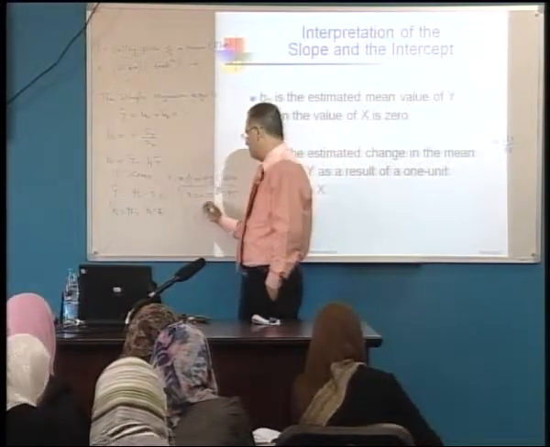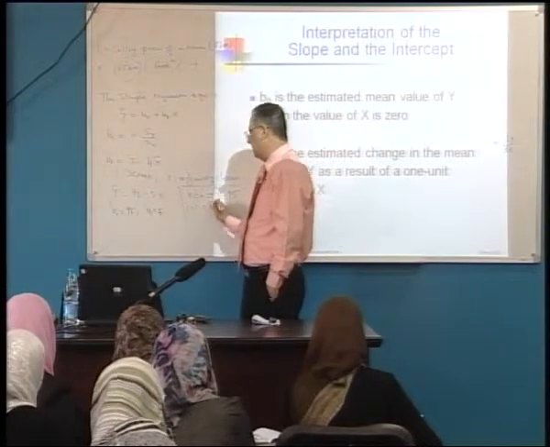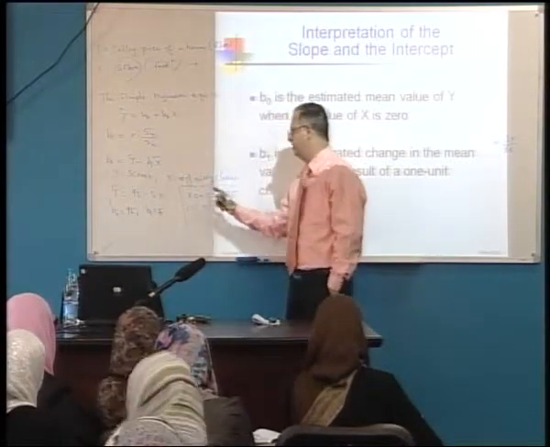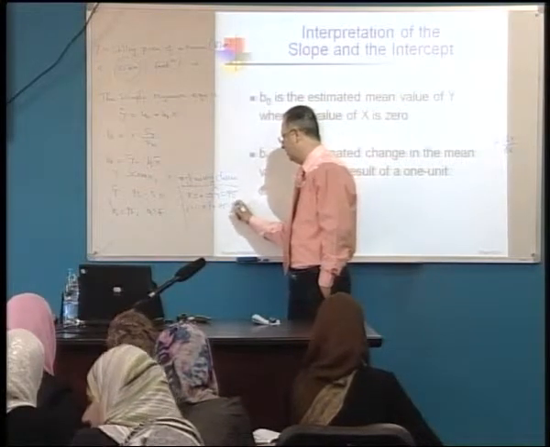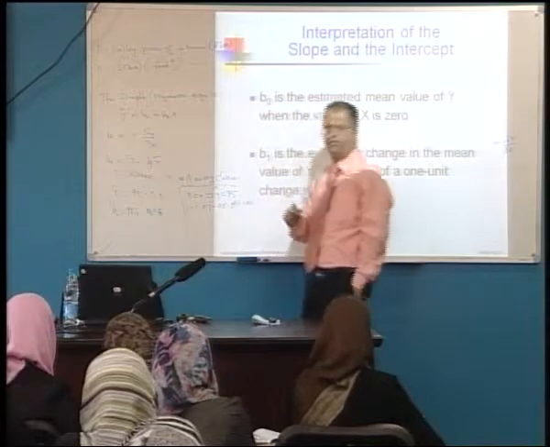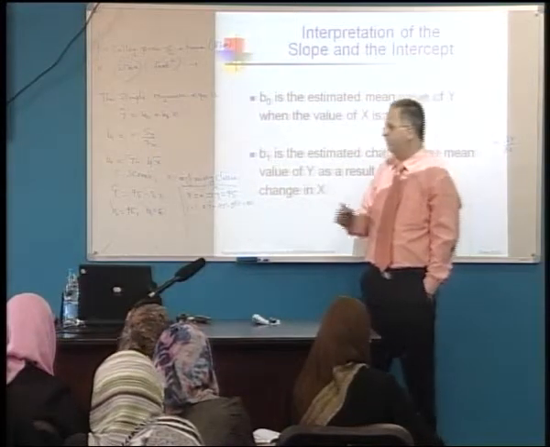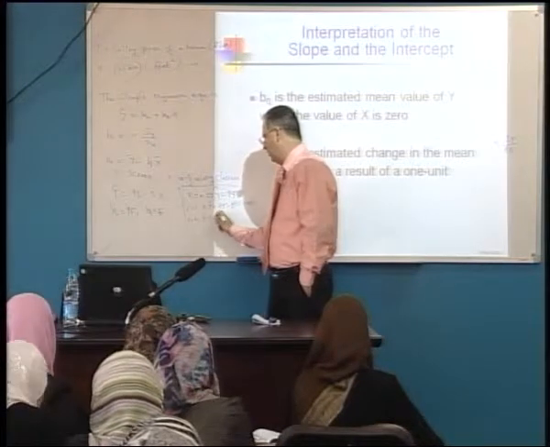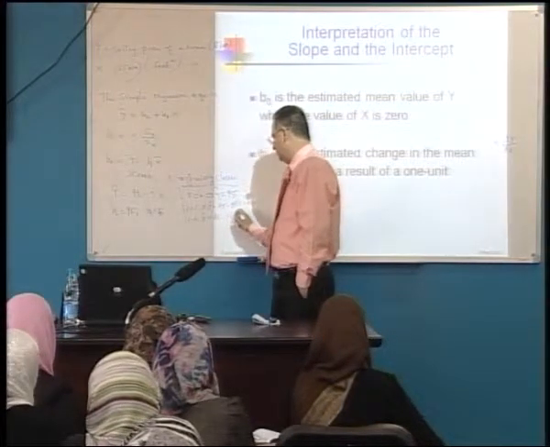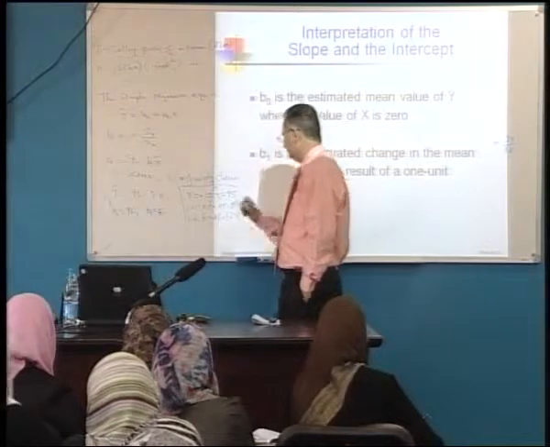Suppose x is 1. Now we predict his score to be 95 minus 5 times 1, which is 90. When x is 2, for example, y hat is 95 minus 5 times 2, so that's 85.